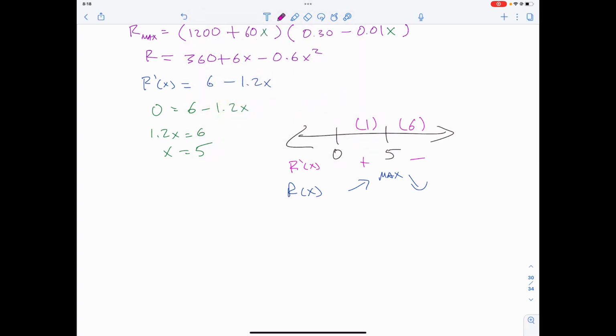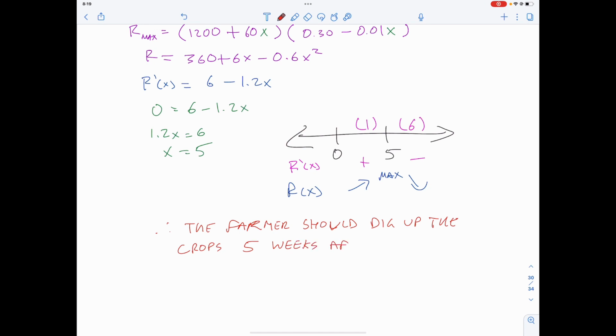Therefore, the farmer should dig up the crops five weeks after July 1st.